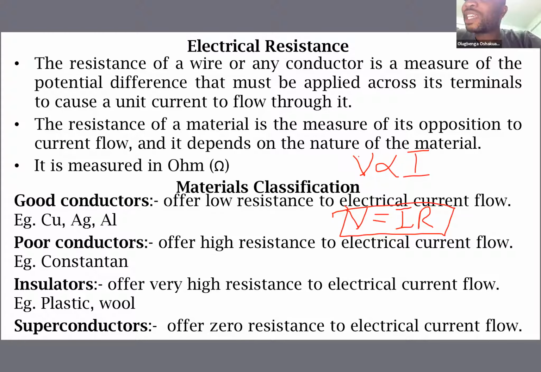This property R is the resistance. Just like the name says, resistance is a property of a material that tells us how much opposition it gives to current flow.